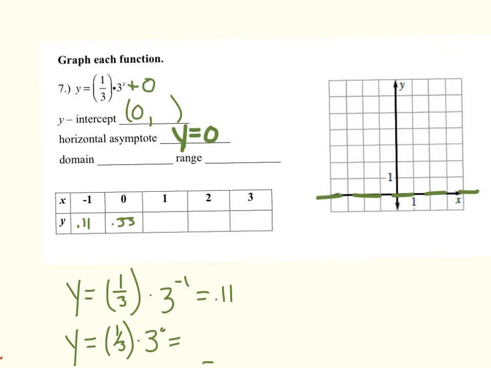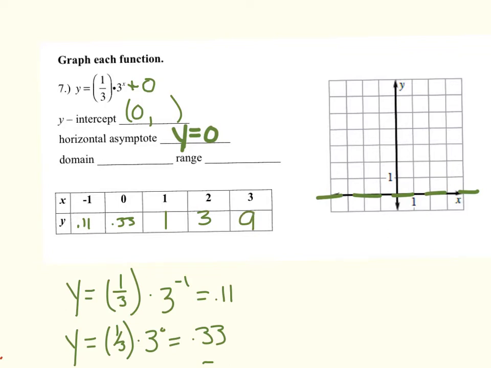Plug in 1. 3 to the first power is 3. 3 times 1/3 is 1. 3 squared is 9. 9 times 1/3, or 9 divided by 3, is 3. And 3 cubed is 27, divided by 3, or multiplied by 1/3, is 9.